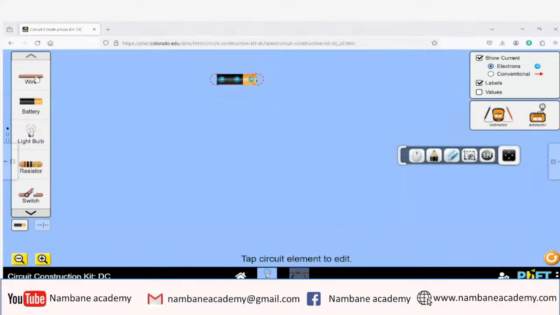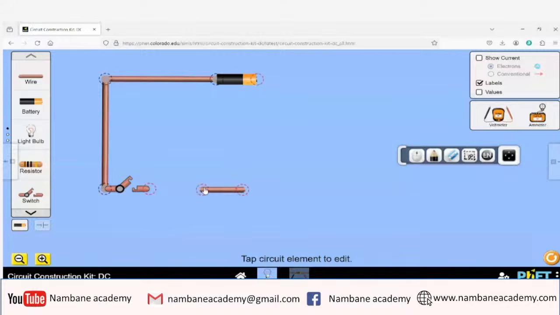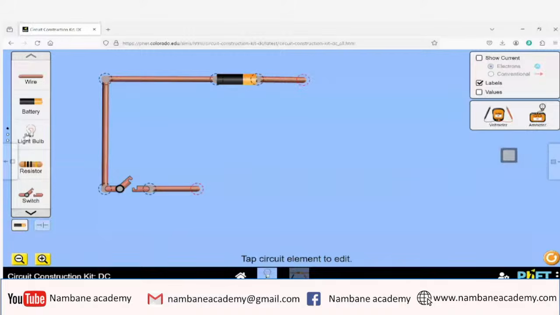I can put a switch if I like, and another wire. Then I need a bulb, obviously, because we want to replicate that circuit, which is basically saying that if it is a conductor, then the bulb should light up, or glow, which is the correct word. And then I'm going to leave this open space here.